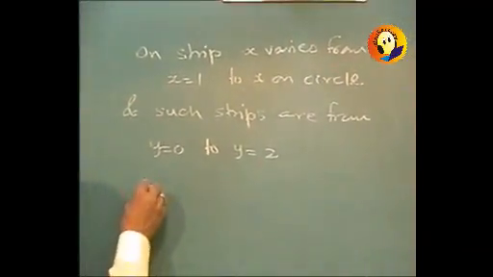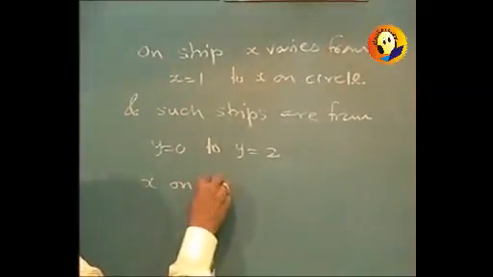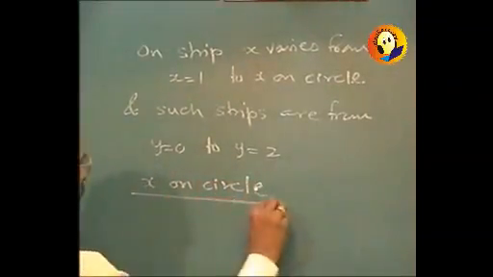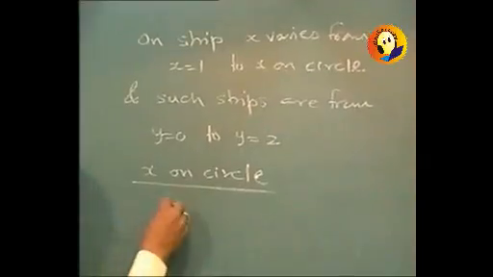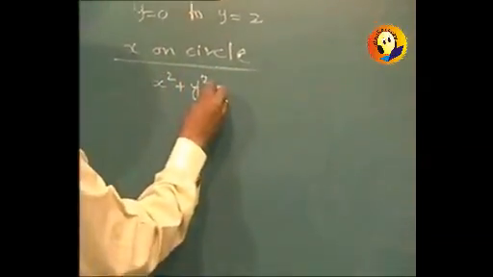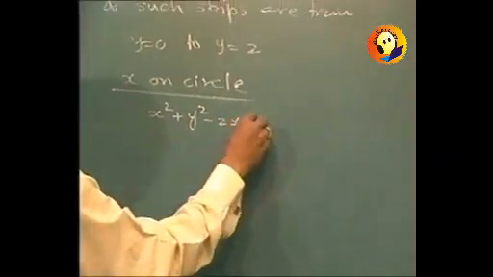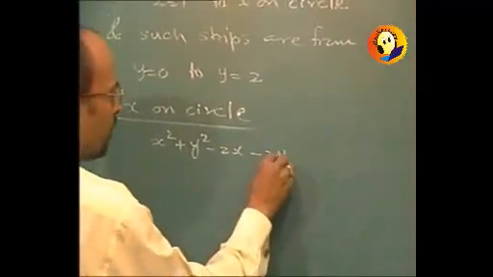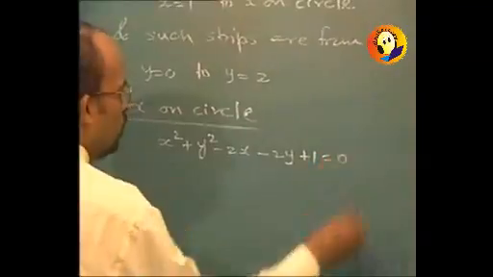X on circle is to be calculated. We have the equation of the circle as we have written it just now. It is x square plus y square minus 2x minus 2y plus 1 equal to 0.